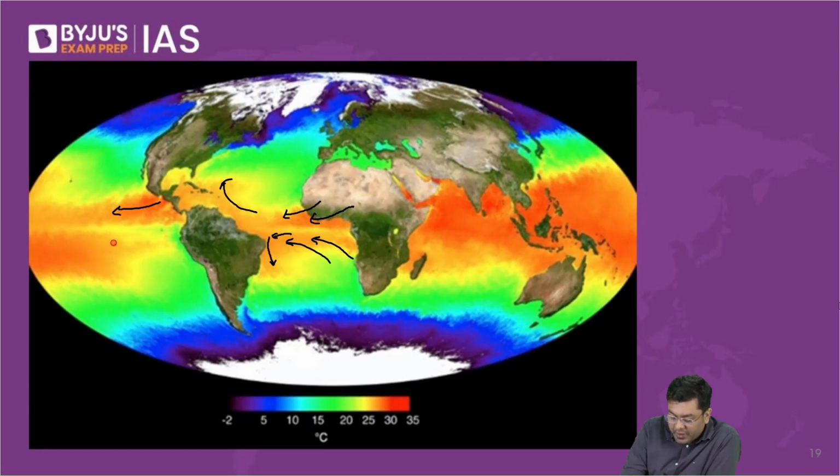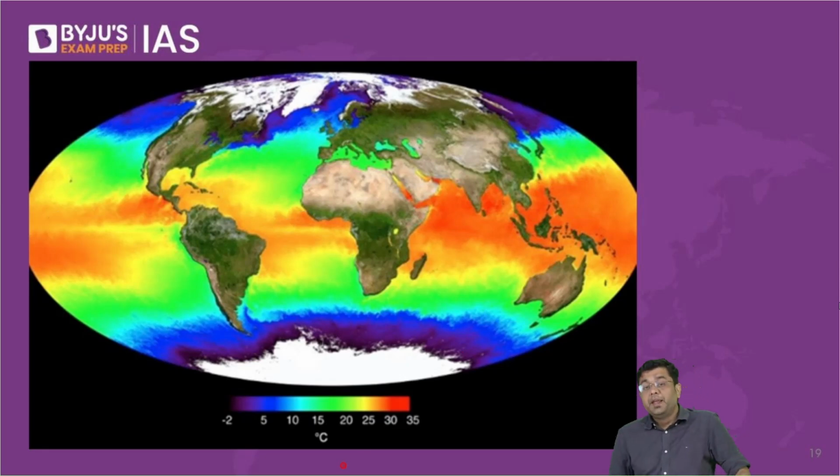It is basically the presence of the trade winds. If you can spot it here, the trade winds blow, and observe how they are dragging the warm ocean water. All that warm ocean water will accumulate here and then will be forced here.